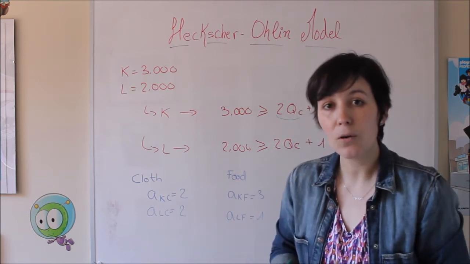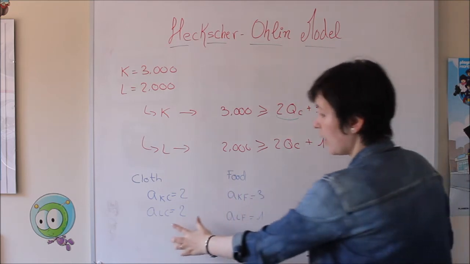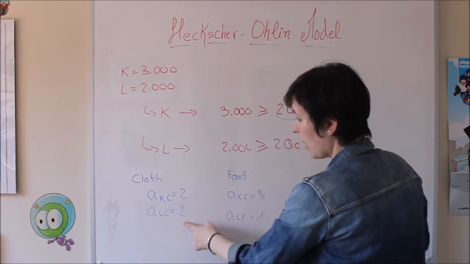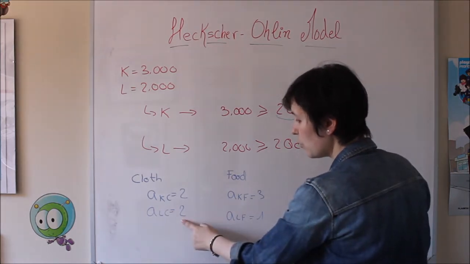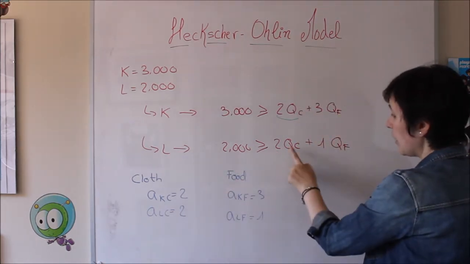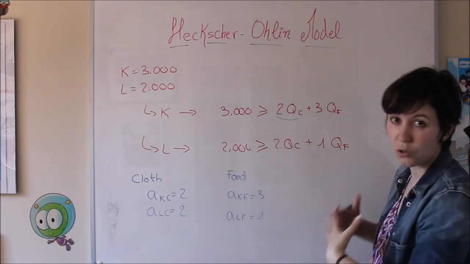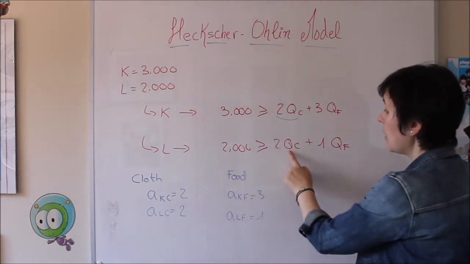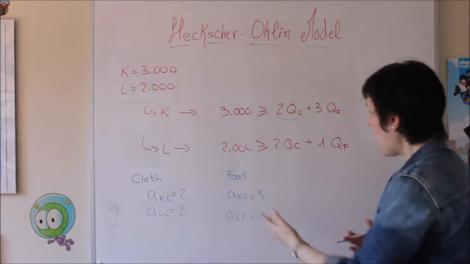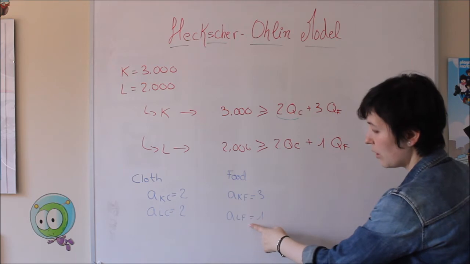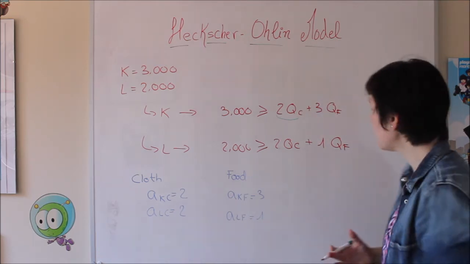The same thing for the case of labor. We have 2,000 units of labor in this economy. We know that given the prices of labor and capital, the cloth industry is going to use 2 units of labor per unit. So the total amount of labor that the industry is going to use depends on the quantity of cloth that it wants to produce. And the same thing in the food industry. In this case, it's going to use just 1 unit of labor.